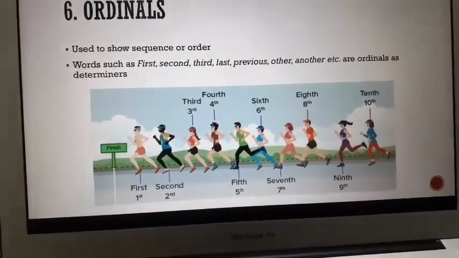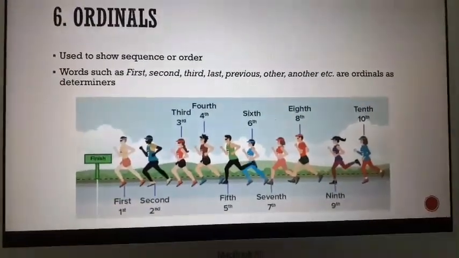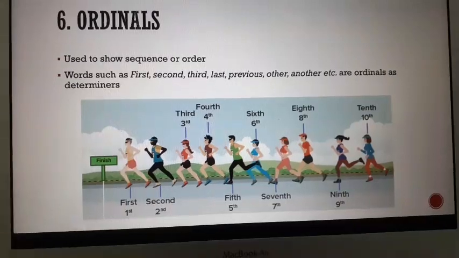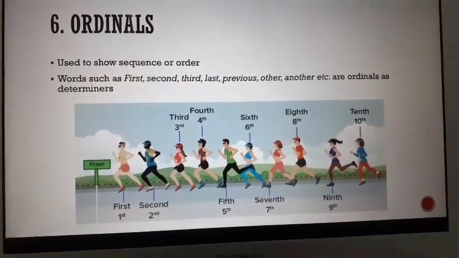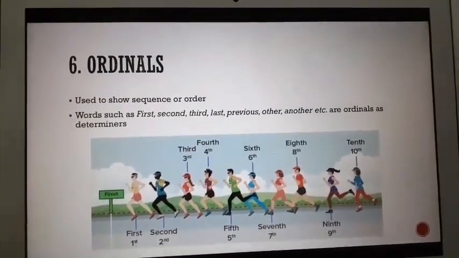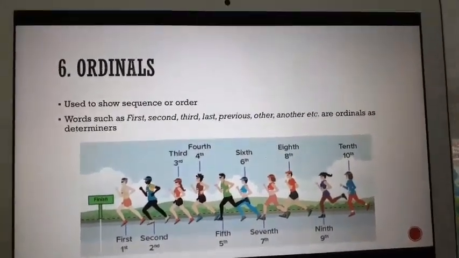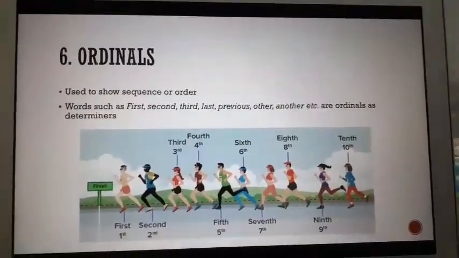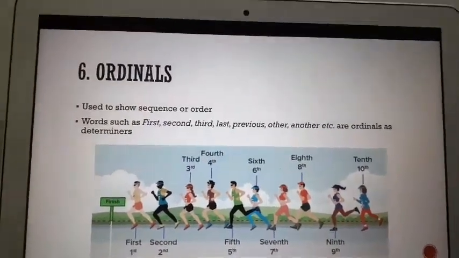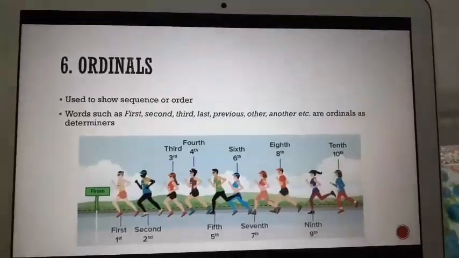So all these are ordinals. Ordinals are words such as first, second, third, last, previous, other, another. So basically they tell you about a sequence or an order. Please remember these words as your ordinal determiners.